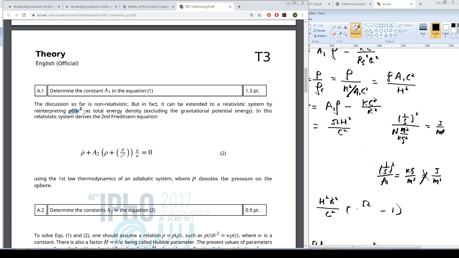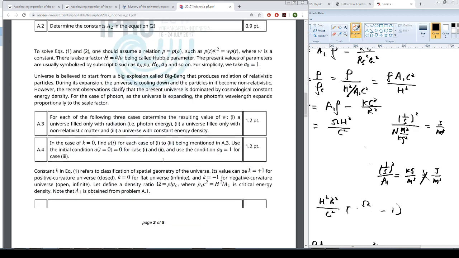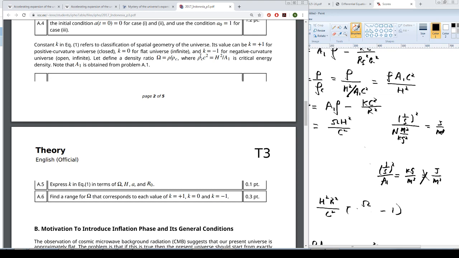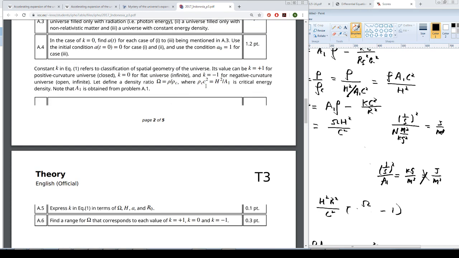This is still joule per meter cubed. So that is kilogram per meter cubed, and that's joule per meter cubed, which cannot be right. And this one, this is unfortunate. International Physics Olympiad. Something is not right.